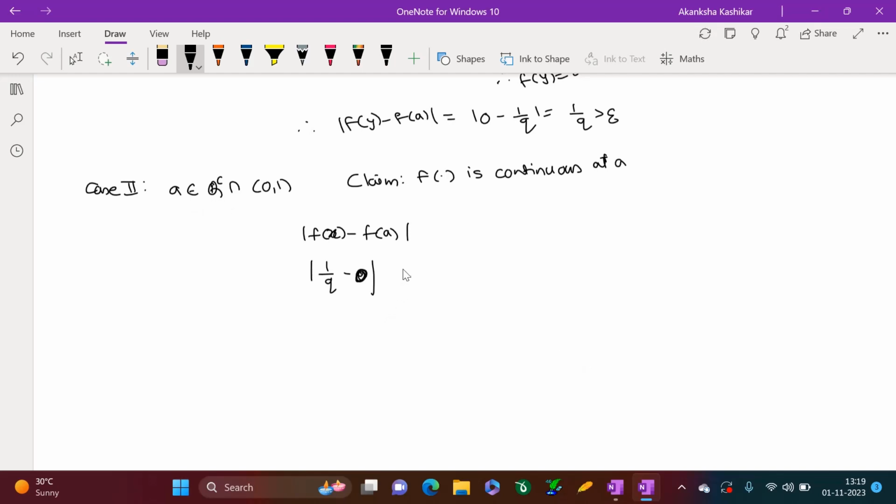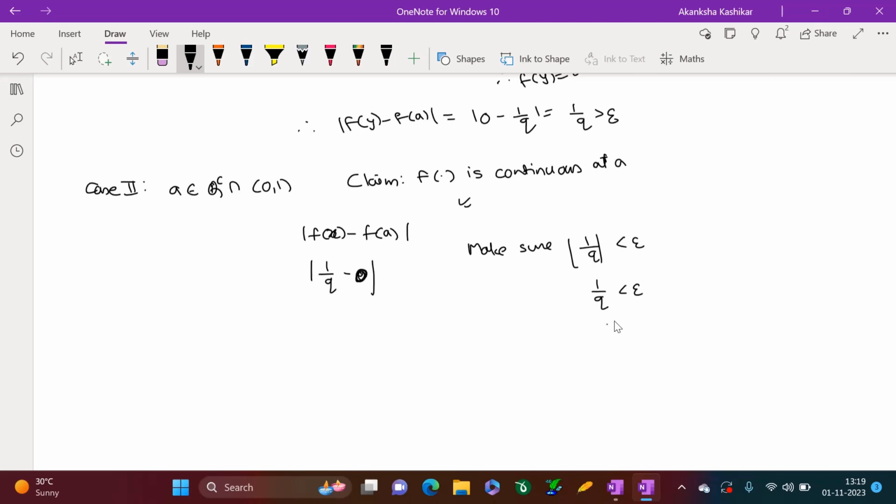So to claim this, we have to make sure that 1 by q is less than epsilon, at least in some neighborhood. And I don't have to worry about mod because we are anyway considering domain at 0 1. So 1 by q should be less than epsilon. Will it be possible to have 1 by q less than epsilon?